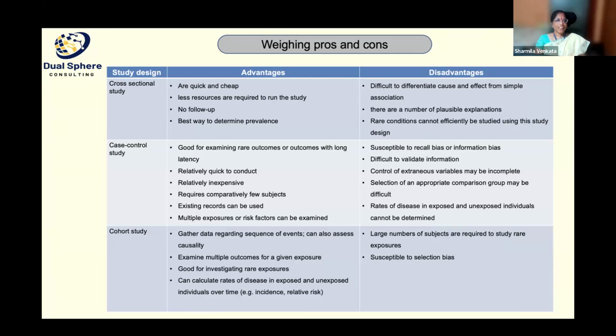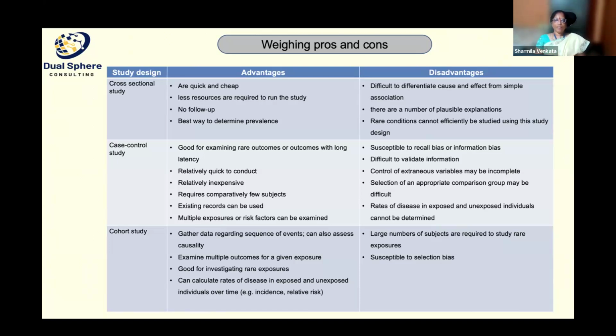What are the disadvantages? The biggest challenge is causality, because exposure and outcome are measured at the same time, you cannot determine which came first. Multiple explanations may exist for the observed association, and they are not efficient for rare diseases.